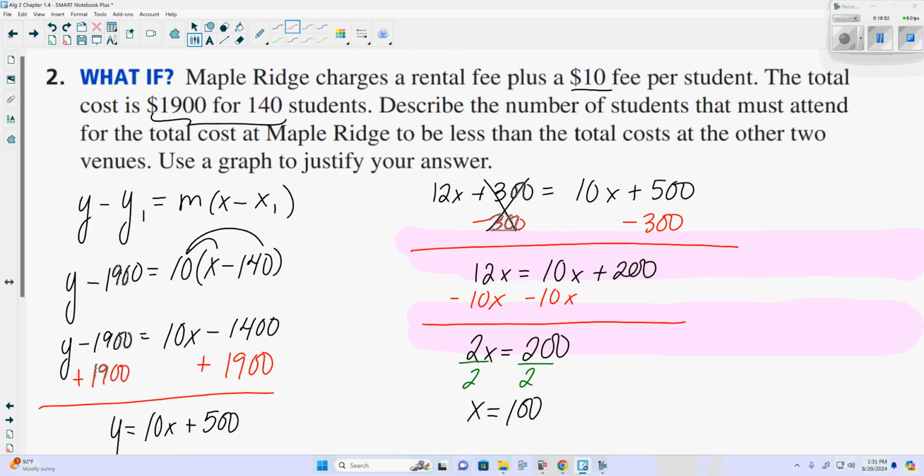So our answer still holds true, and it would be 101 students, because the main one we were making sure it didn't cross or become less than was Lakeside.